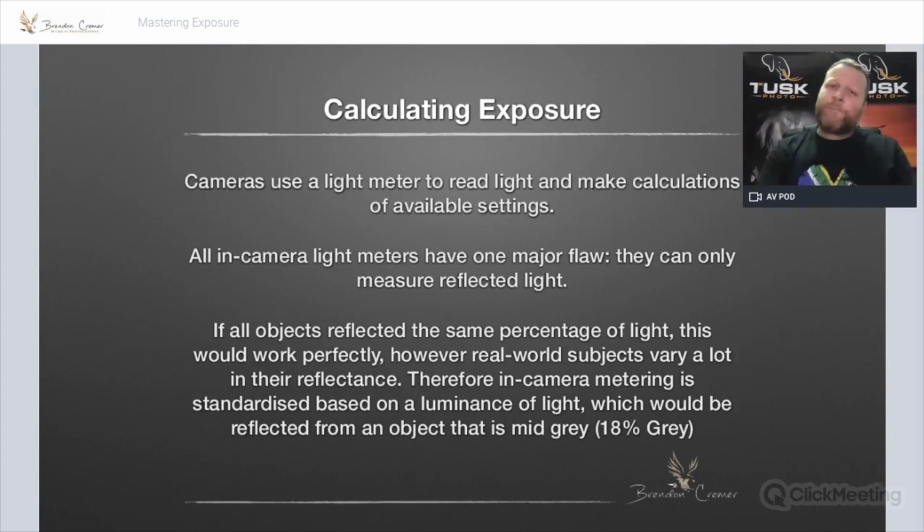Canon will probably be about a third of a stop faster shutter speed than a Nikon, because the Canon is slightly underexposing and Nikon slightly overexposing. Neither one is 100% correct. You will still probably need to make adjustments, which we'll chat about in a little bit, but it just gives you an idea that each metering mode and metering system built into the cameras is not 100% 18% gray.